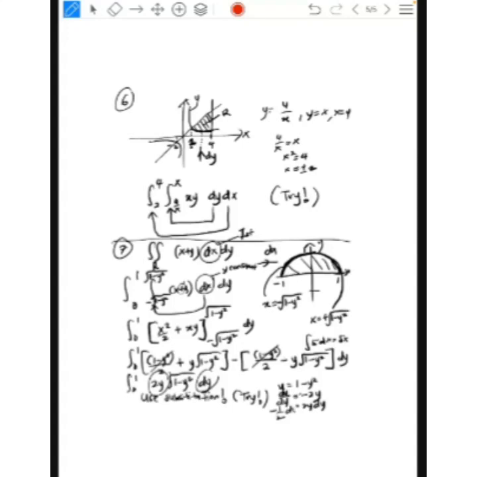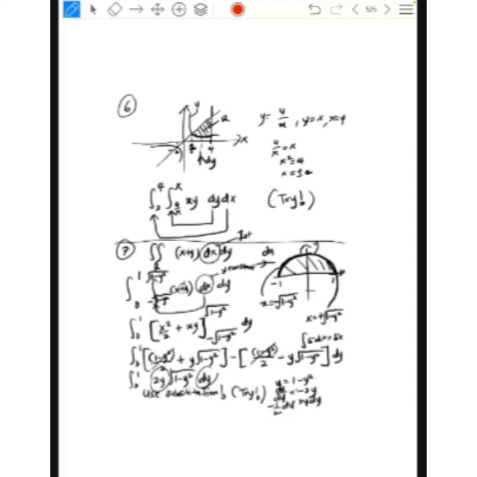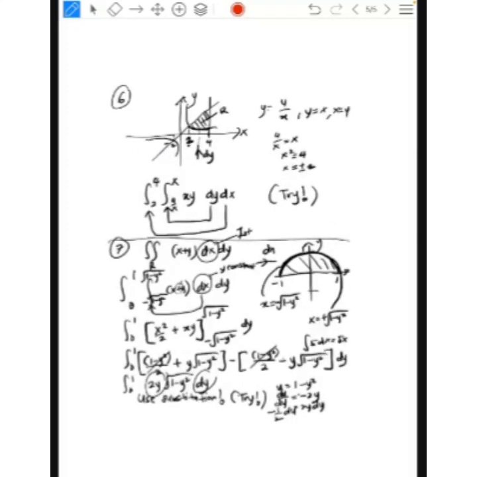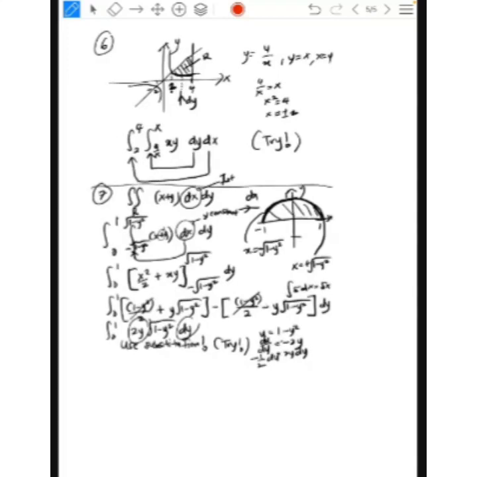Okay, so what is left is the 2y dy will become negative 1 over 2 du. The square root will become square root u. So this is what happens after you do the substitution.